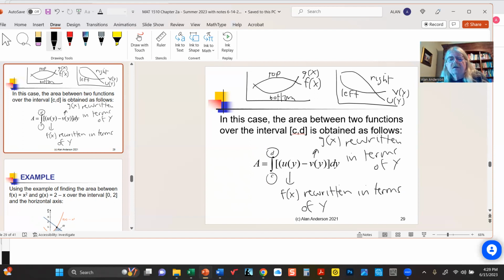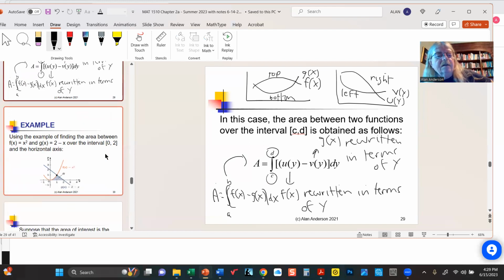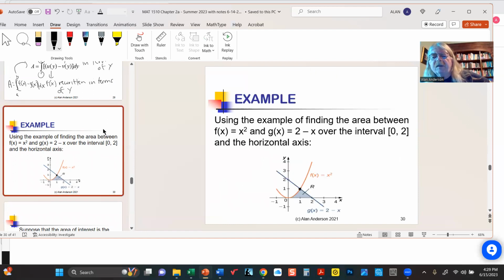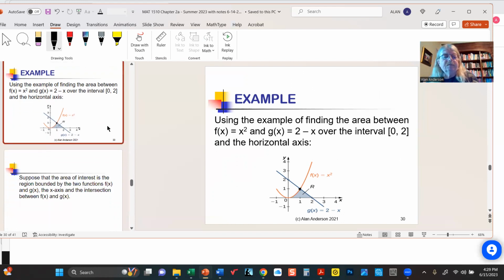So in other words, instead of this, we have this. All right, now we're going to take a familiar friend here, and we're basically going to flip it to look at the area not between the functions and the horizontal axis, but the vertical axis.